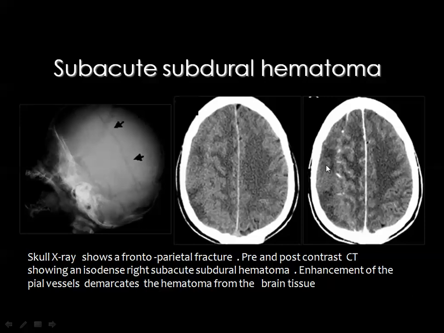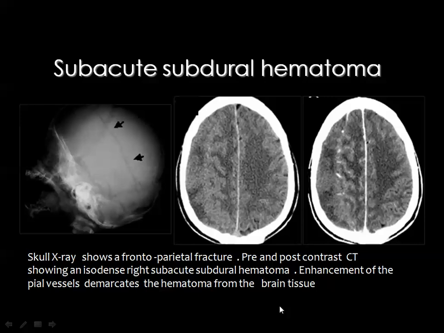Then, after some time, maybe the range of 2 weeks, the hemorrhage will start to decrease in density. Then it will shift from hyperdense to hypodense, but at a time while the density is decreasing from hyper to hypo, it will at a time appear exactly similar to the density of the brain tissue, and then it will appear isodense.